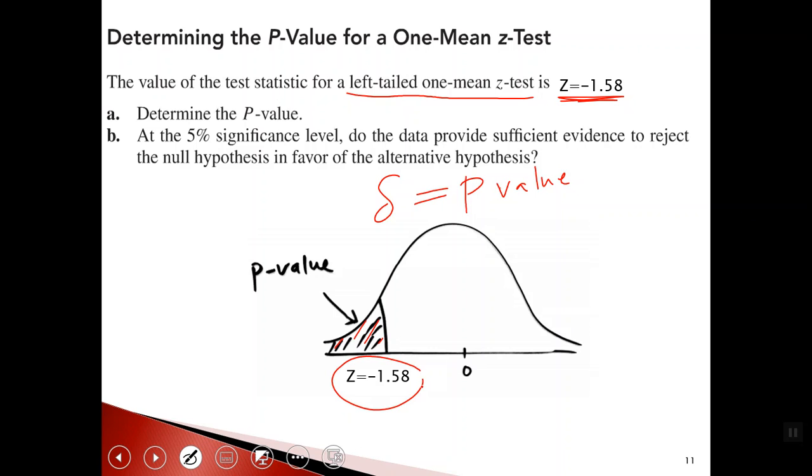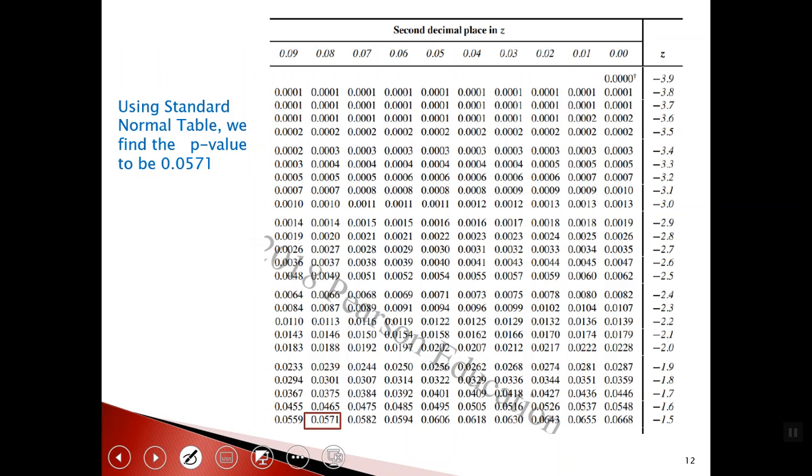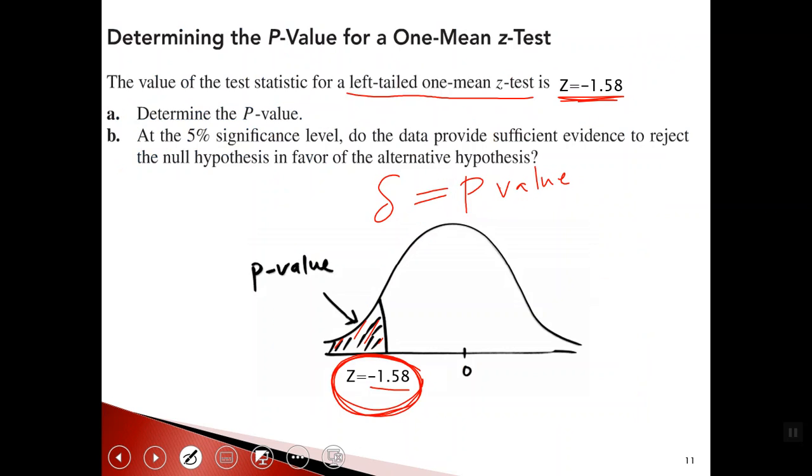So go to the z table and find the area that belongs to negative 1.58. Since this is negative, you have to go to the table for part 1, which means the first table. See, negative values. I don't remember this value.